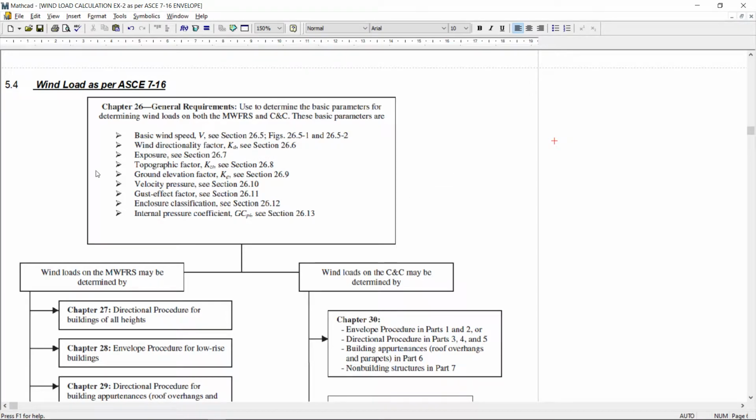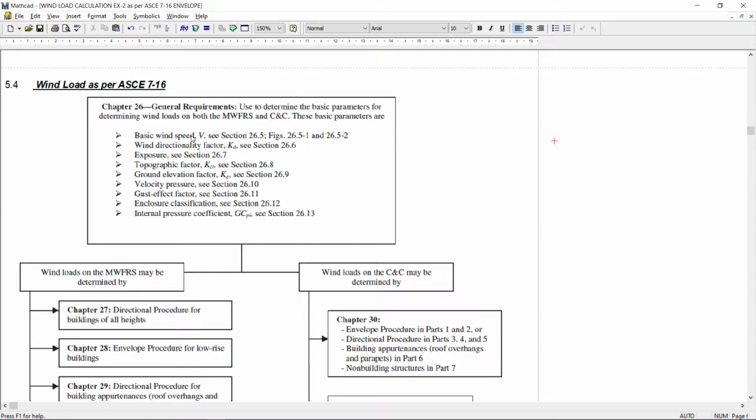For example, the basic wind speed V can be calculated from section 26.5, or the figures are given from figure 26.5-1 and 26.5-2, etc. But now all this data is available at the ATC website, and I took this data from the ATC website.